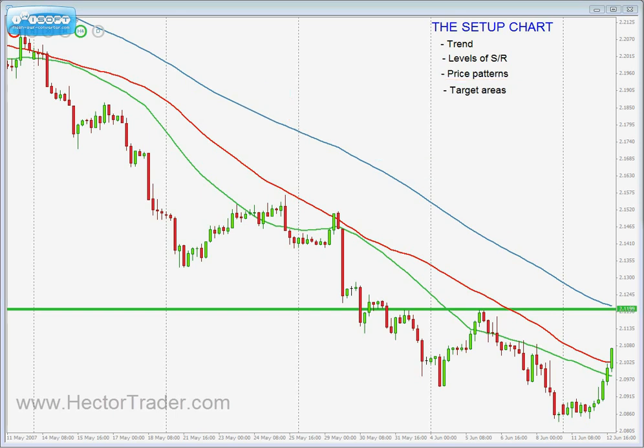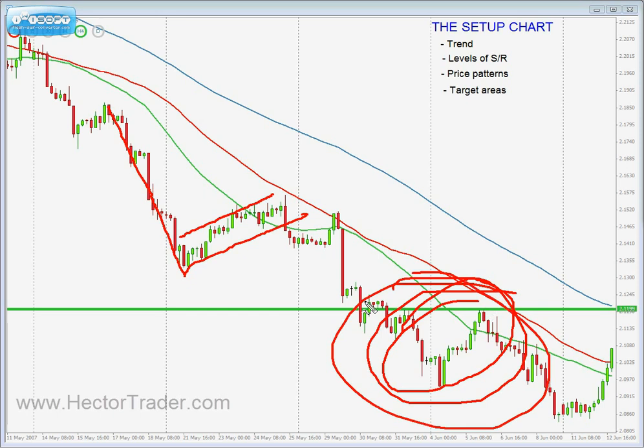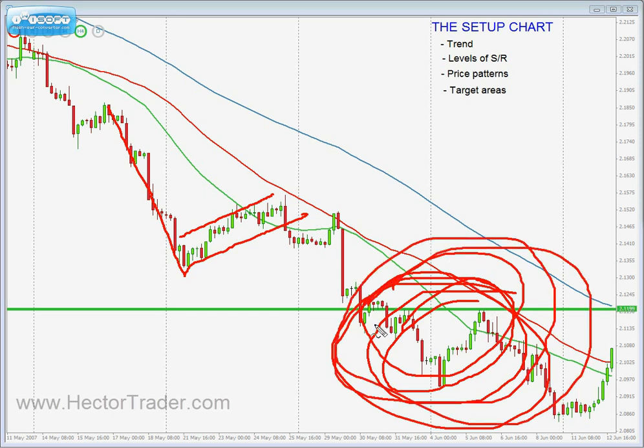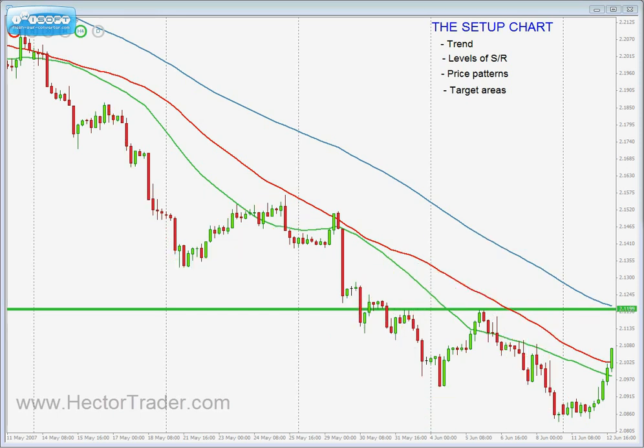In this case, let me see if I see any price pattern here. We had a flag formation right there. You see that flag formation, but that's already gone. Remember that we are assuming that this is the current market price. We have a very steep flag here, another flag there.